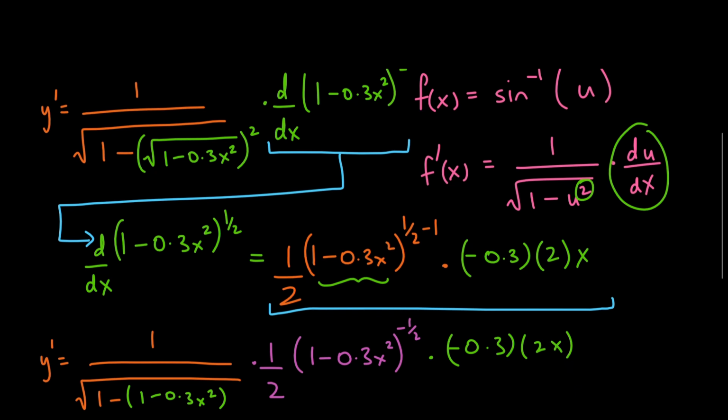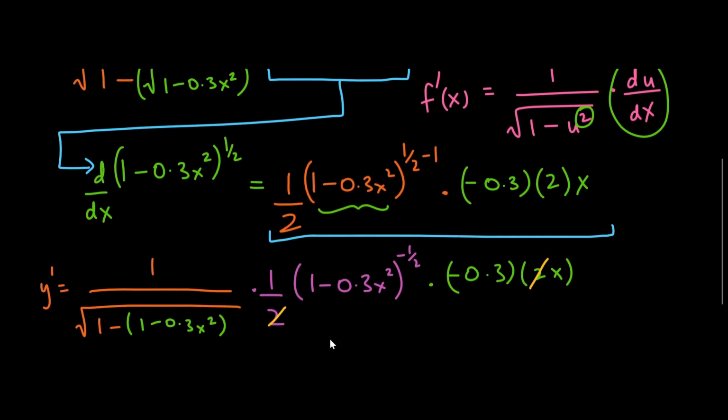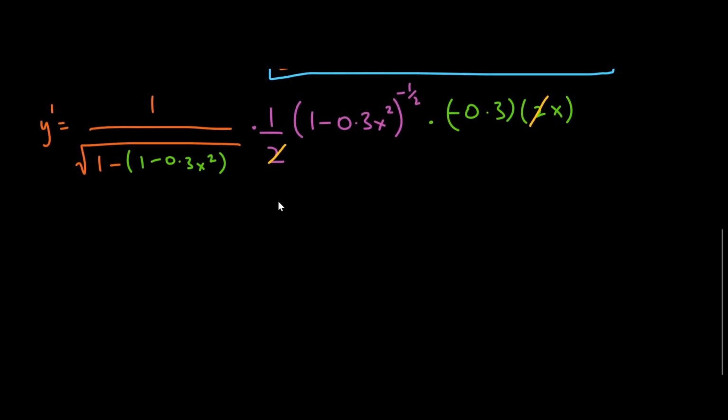Now we can cancel out the 2 with this 2, and we can also simplify this part, this term. Alright, let's see what that gives us.